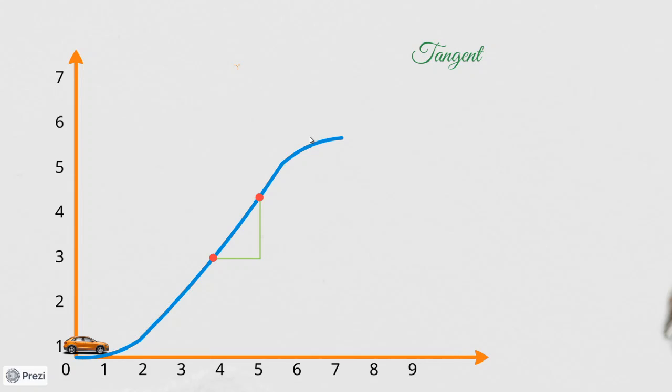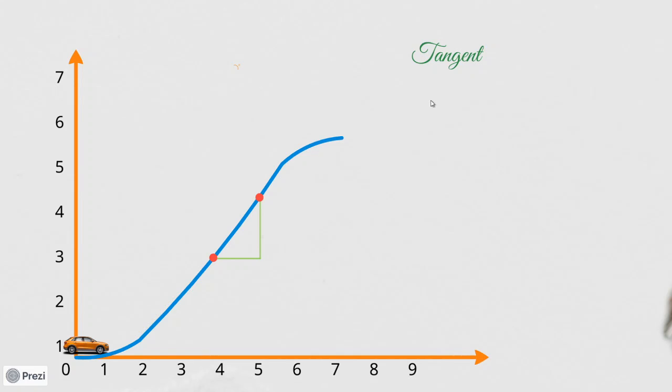To solve this issue, to get very precise measurements of speed from the graph itself, I'm introducing to you a thing called tangent. I know that it is not a new thing to you, but there is something new about tangent that we are going to learn. The word tangent is not an English word.